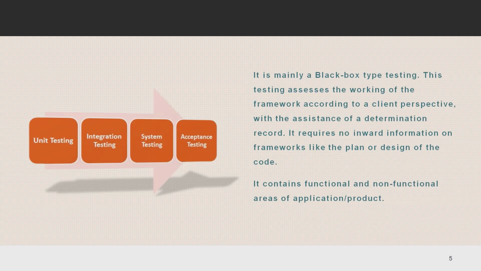Normally, system testing is a black box type of testing. This testing assesses the working of the framework from the client's perspective, with the assistance of the specification document, and it requires no internal knowledge of the system like the design or architecture of the code. It contains the functional and non-functional areas of the application or product.